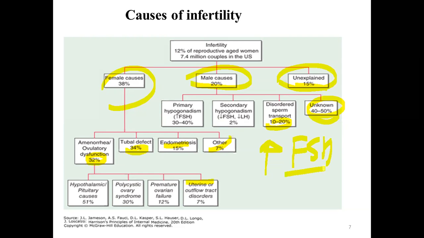In secondary hypogonadism, since the problem might be from the anterior pituitary, the FSH and the luteinizing hormone are usually very low. These are indicators of secondary hypogonadism. Those are the preliminary assessments in investigating infertility.